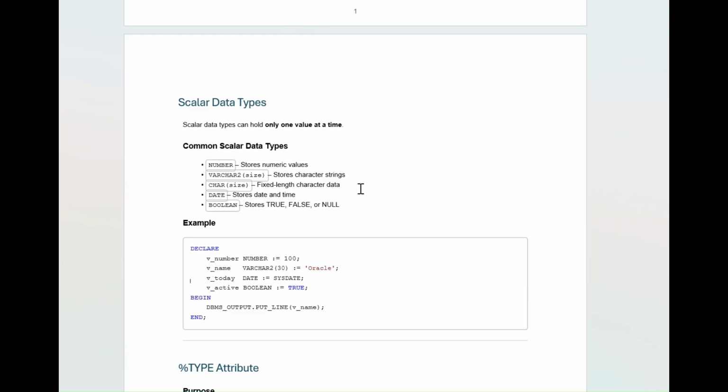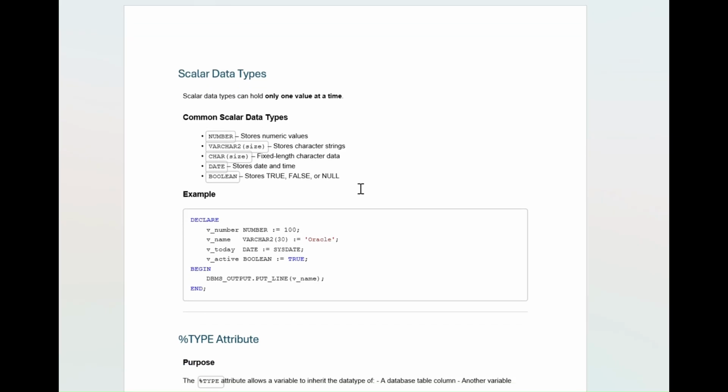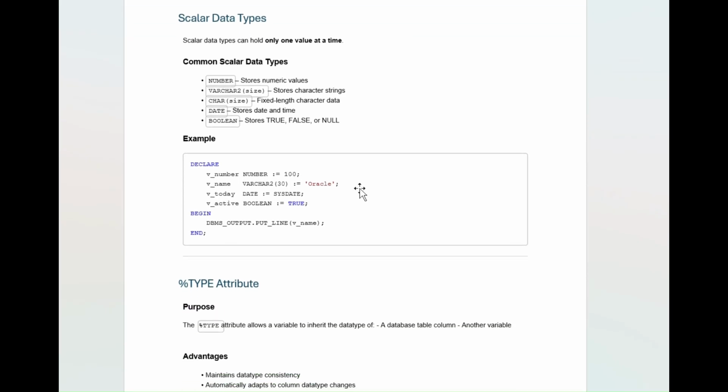This is a quick example to demonstrate how variables can be defined in the declaration section. Here v_number is of number data type and you are initializing it to 100, and v_num_varchar2 of 30 is the length, and Oracle is the literal we are defining.